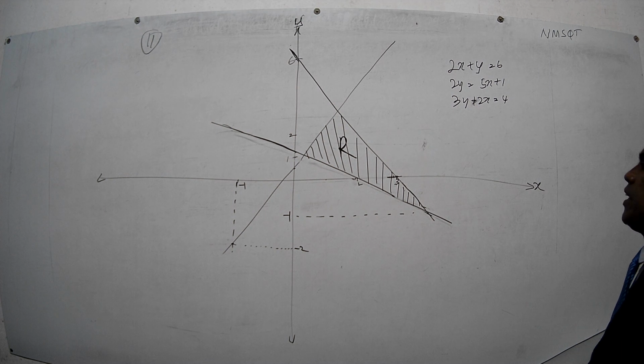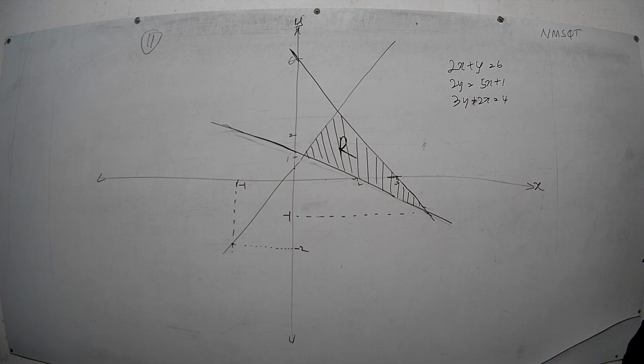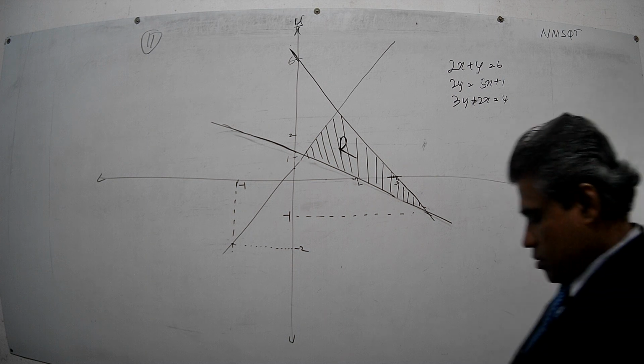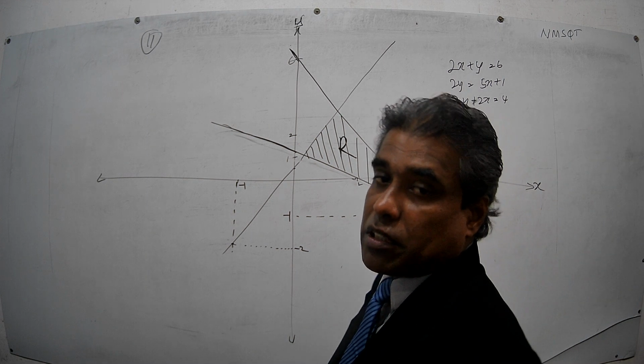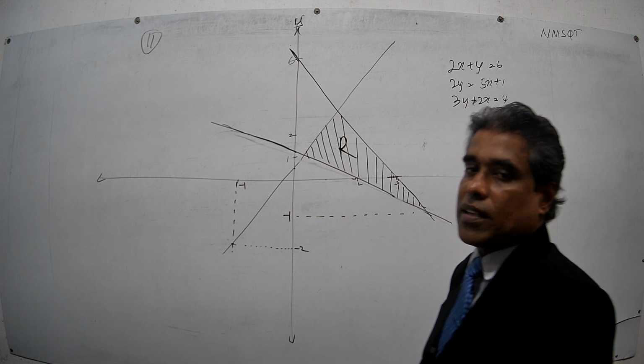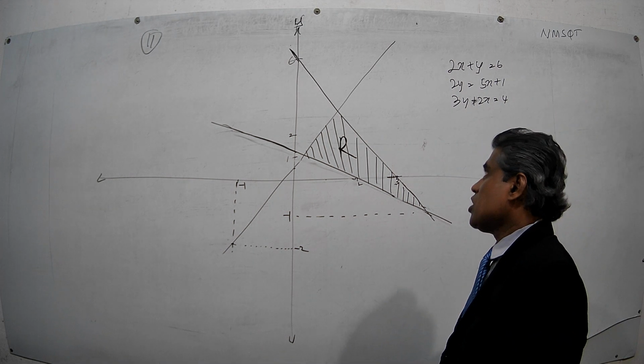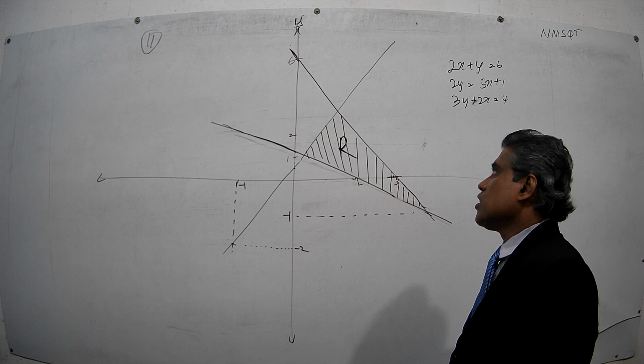They will be helpful for us. But there we can use another property of straight lines, that is the gradient property. Gradient property also sometimes helps to understand which equation goes to the particular line, right?